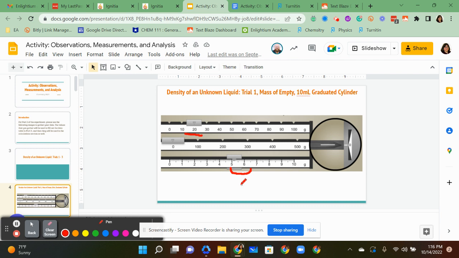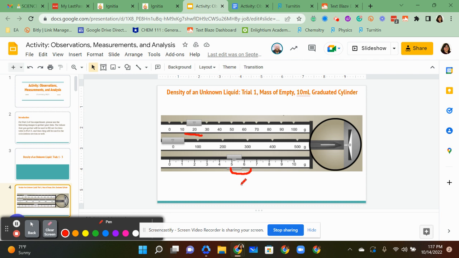Those notches are what we call the precision of the instrument. So the precision is the lines, the notches on that triple beam balance, which means that you always need to estimate an additional place value, which is the uncertain number.